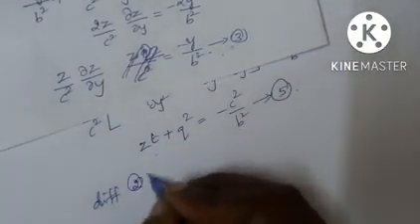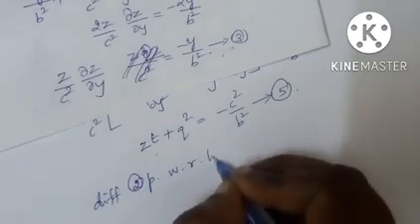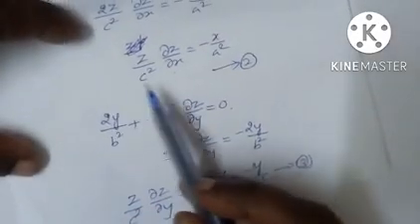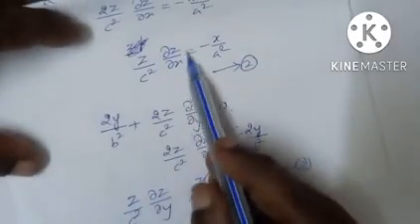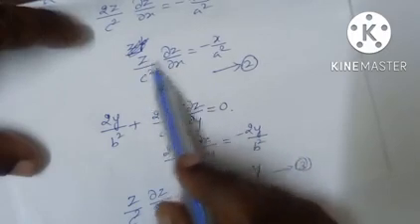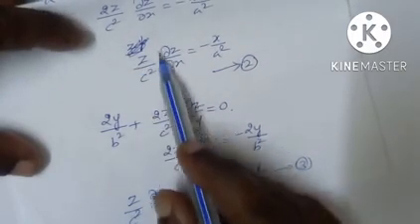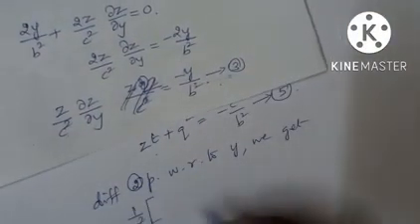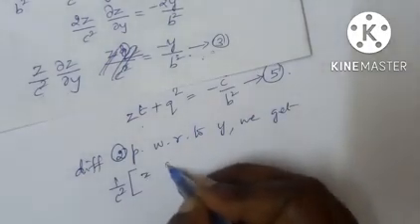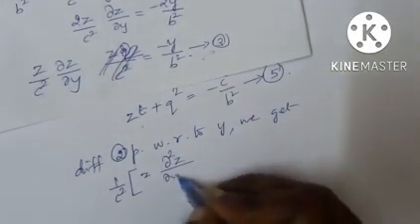Differentiate the second equation partially with respect to y. We get, take 1 by c square outside. Z is a function of x and y. This is also a function of x and y. So when you differentiate with respect to y, you have to use the UV method. Keep z, differentiate this with respect to y.